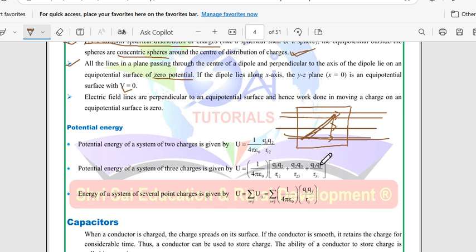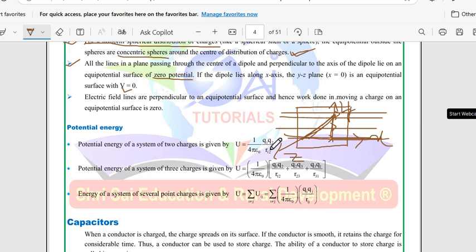So if the dipole lies along the x-axis, the yz plane, that is x equal to 0. If you consider the yz plane, suppose this is the x axis, this is the y axis, and this is the z axis.